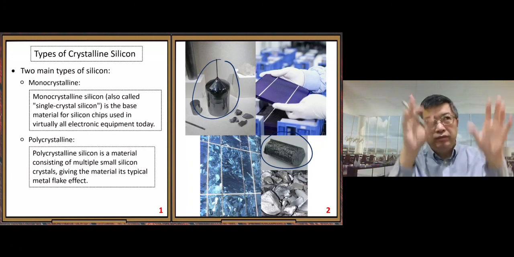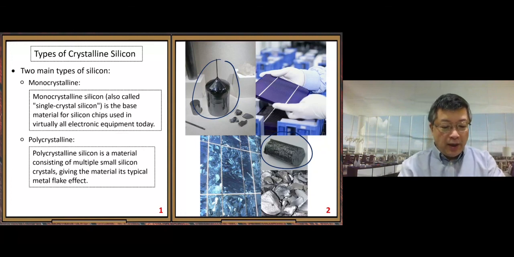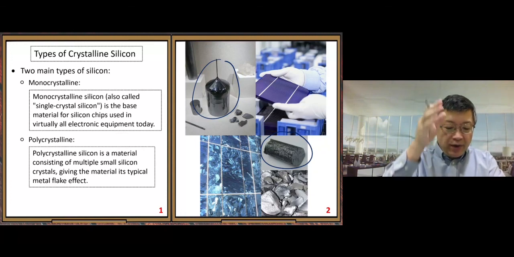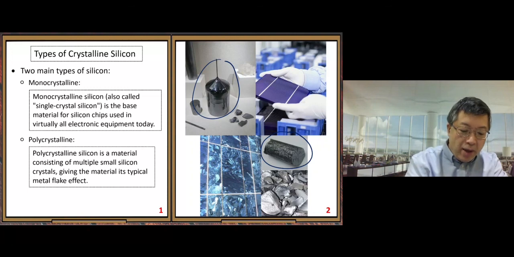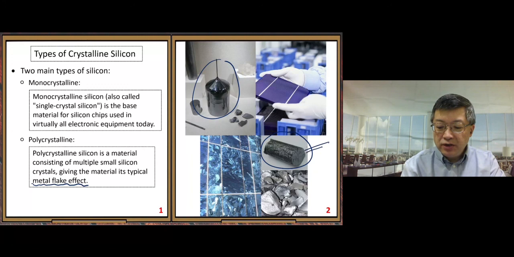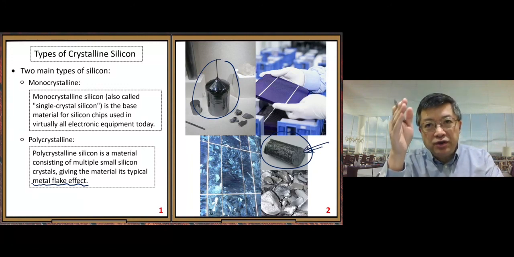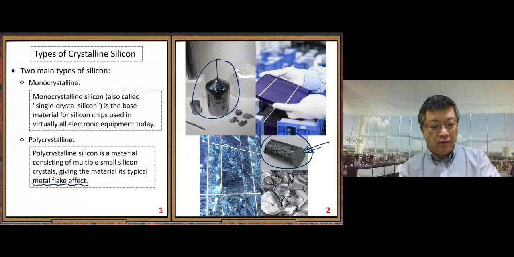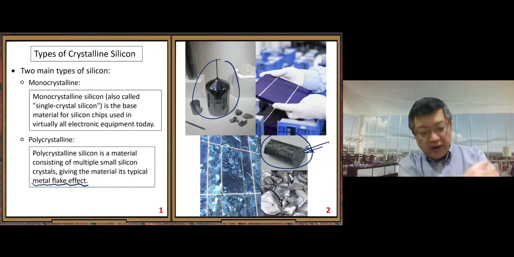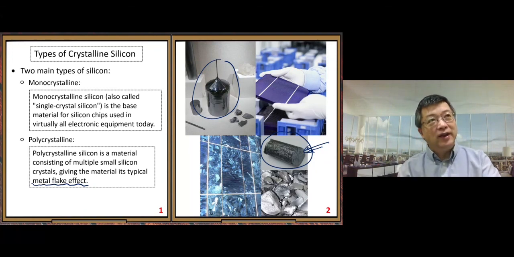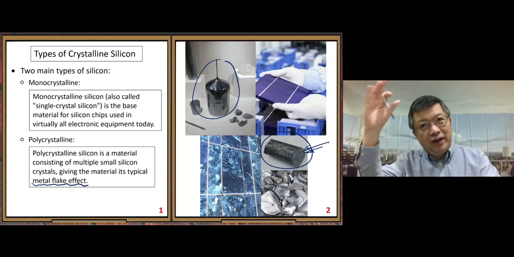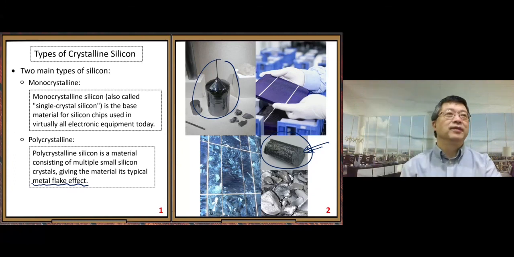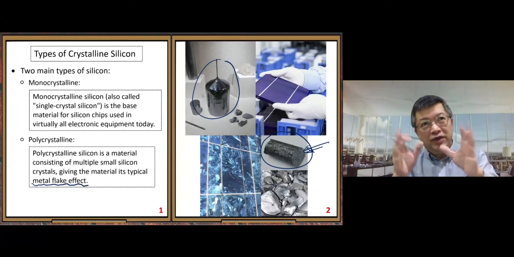Here, the metal flake effect. Here on the surface, you can see the metal flake effect, like snowflakes. Because of different crystal structures, this type is formed.